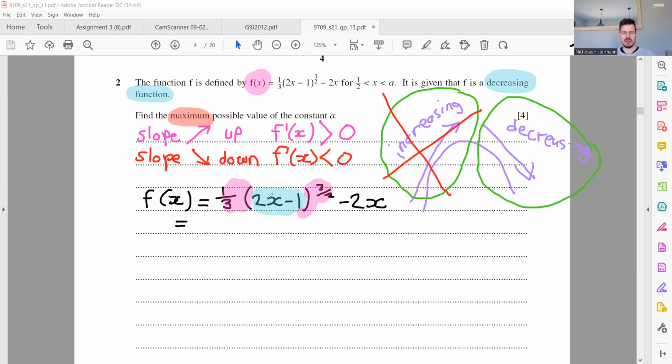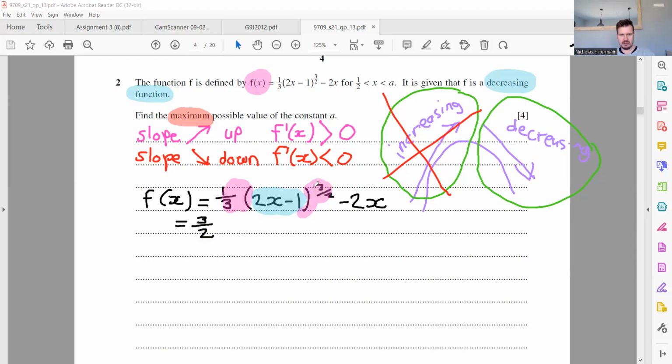So when we have a bracket and then an exponent on the outside, like we did with the power rule, we multiply the front by the exponent. Okay, so 3/2 goes in front, because that's the exponent. Let me just highlight that.